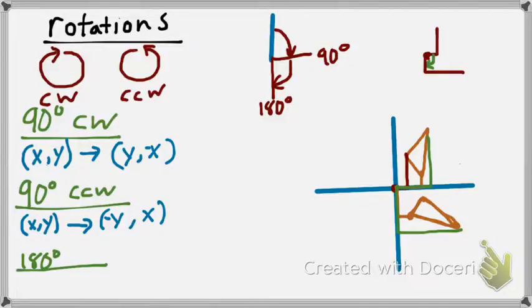And finally, for 180 degrees, it's not a 90-degree rotation, so x and y are going to stay in the same places, but both signs are going to change. That's a lot to remember, and I know that, okay? But I promise it's worth taking the time to memorize that.